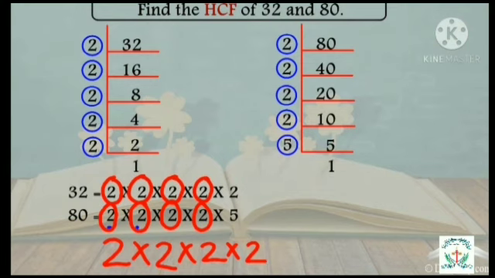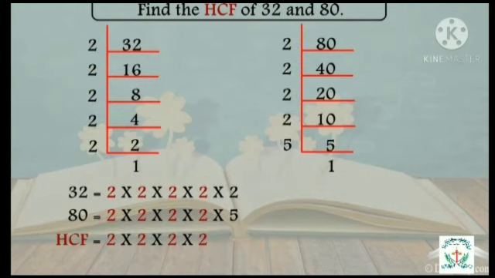There is no more pair in both 32 and 80. Therefore, the HCF is 2 into 2 into 2 into 2, that is equal to 16. Therefore, the HCF of 32 and 80 is 16.